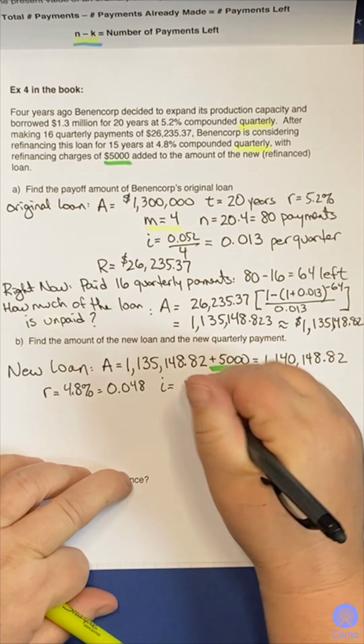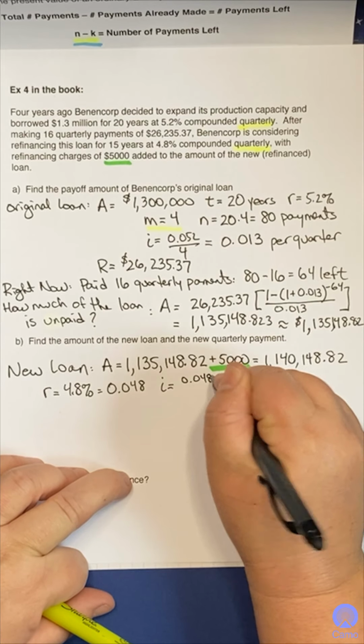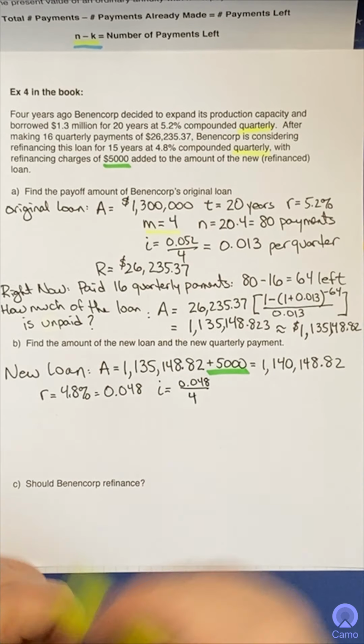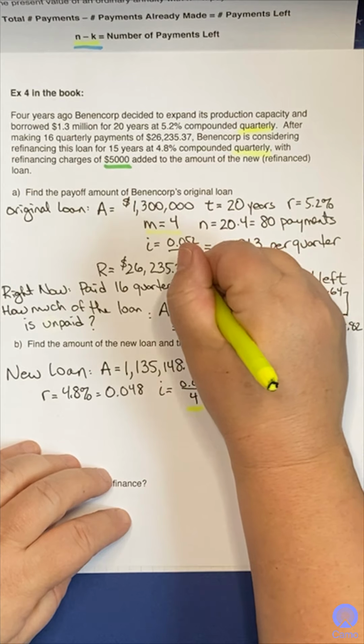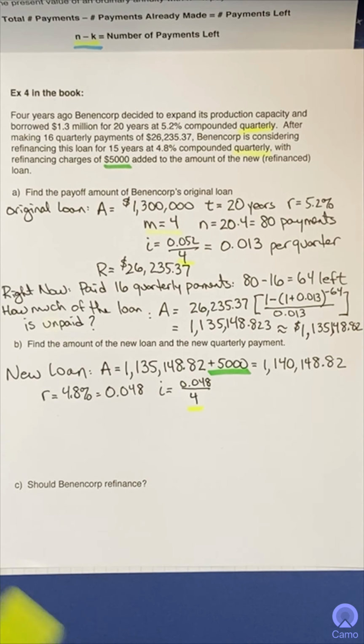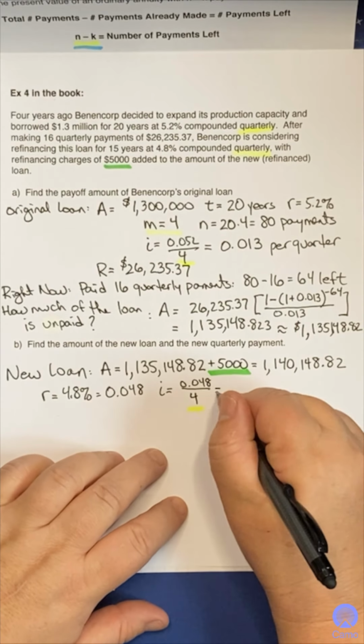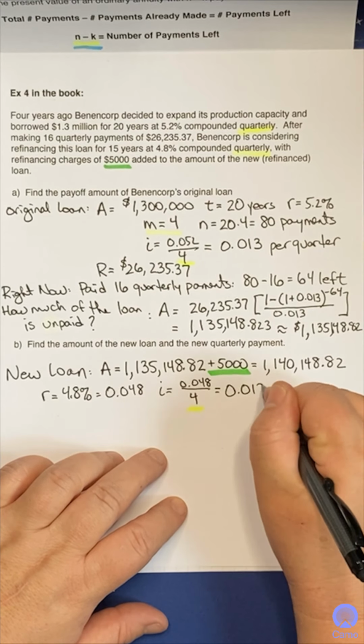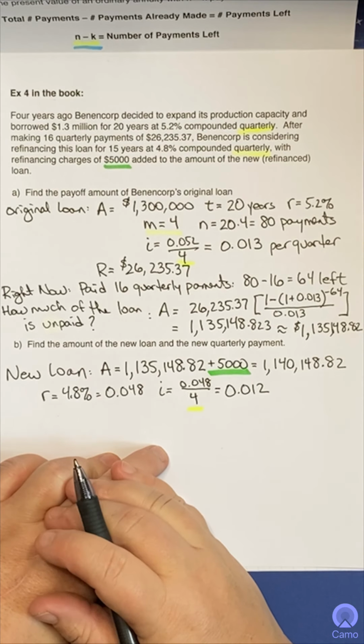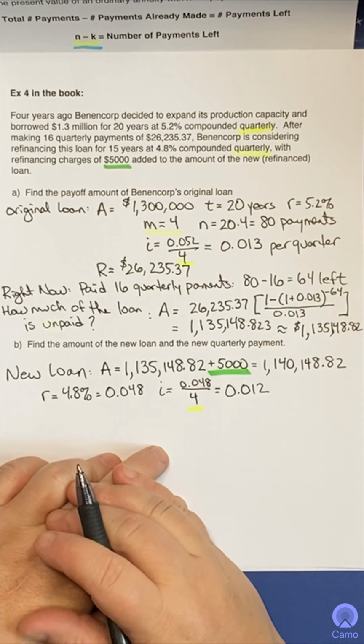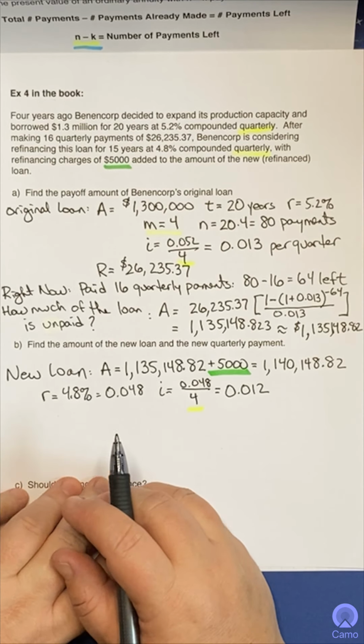So we're going to get 0.048 all over 4. I'll underline here, and also here just in case you missed that. That's actually going to work out really nicely. Yay! Because it goes in evenly. That's our new interest rate per period.